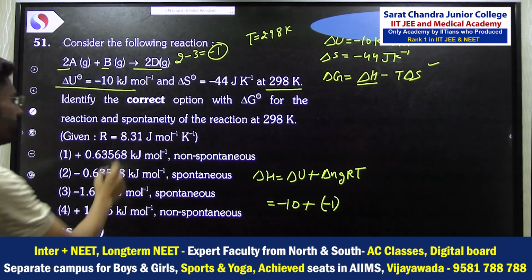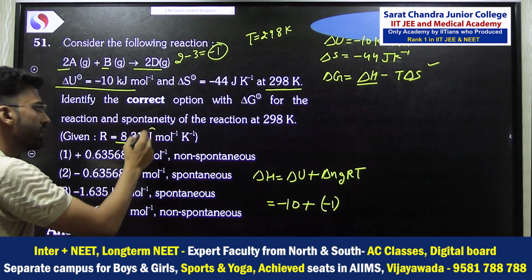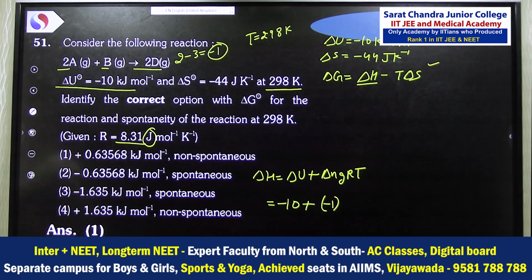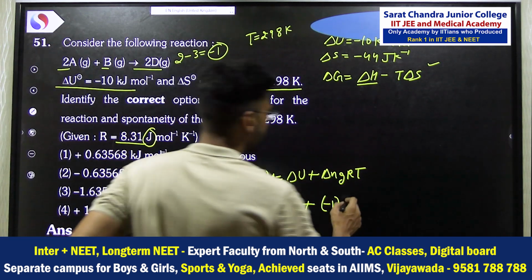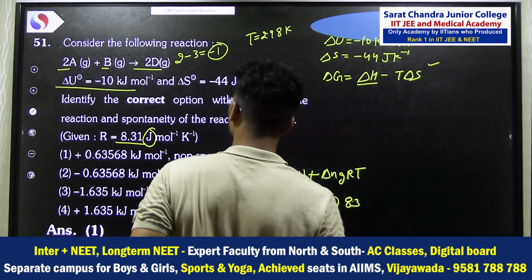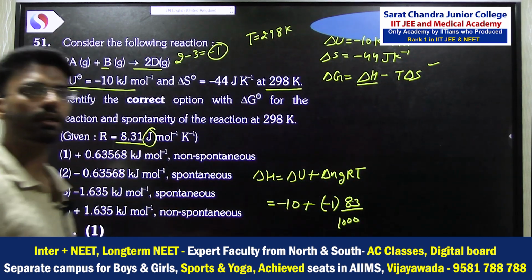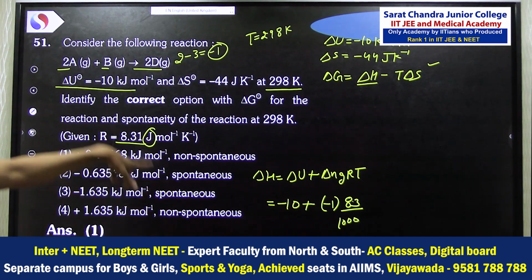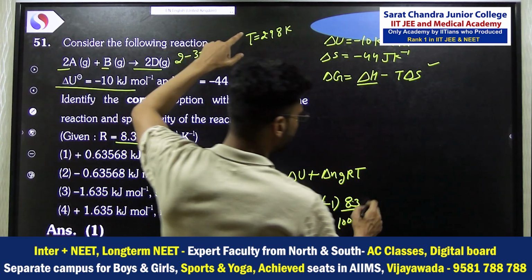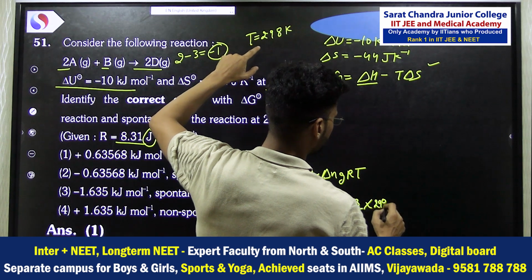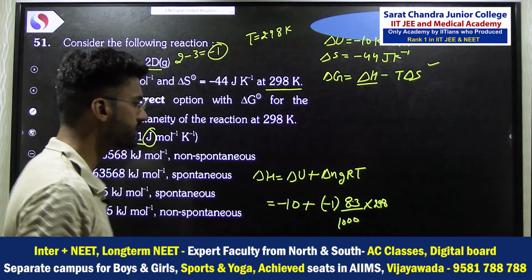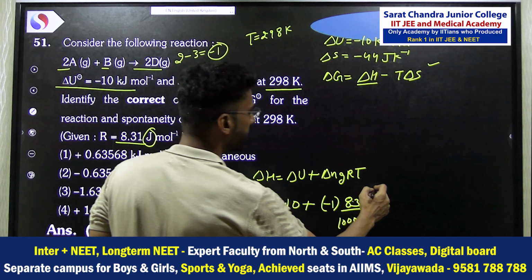The R value is given already, but keep in mind that R is given in joules while internal energy is given in kilojoules, so we have to make the units the same. So it is 8.3 divided by 1000, which converts it into kilojoules. Temperature is given as 298. Let me assume this is 300.